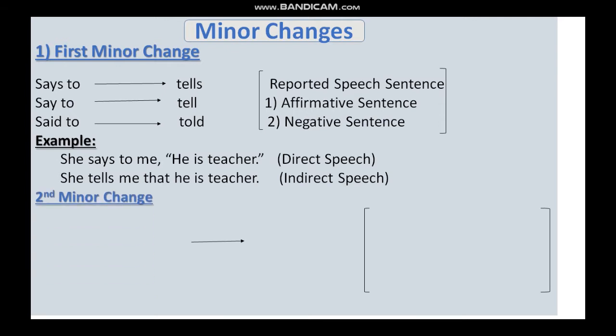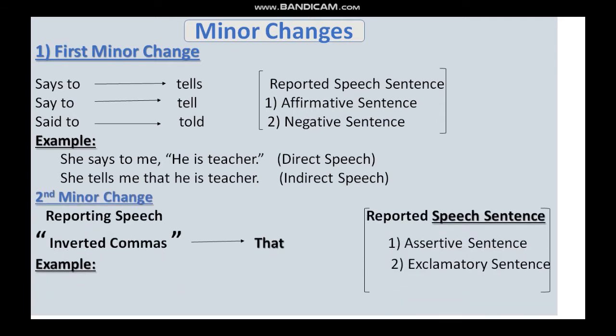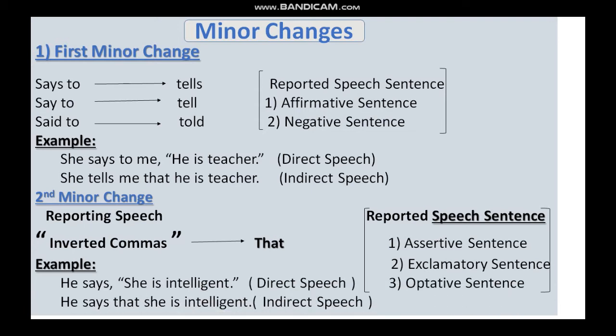Okay students, now you see the second minor change. The second minor change is what? If we are given inverted commas in the reported speech, then in order to omit the inverted commas we use "that", but the condition is that in the reported speech there must be one of three sentences: assertive sentences, which can also be affirmative or negative, exclamatory sentences, and optative sentences.